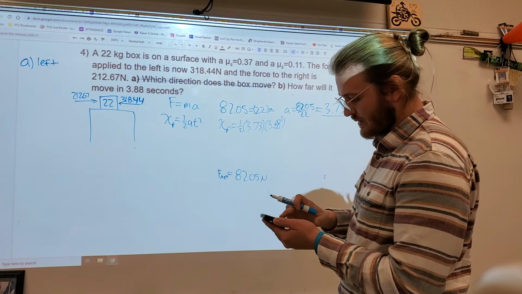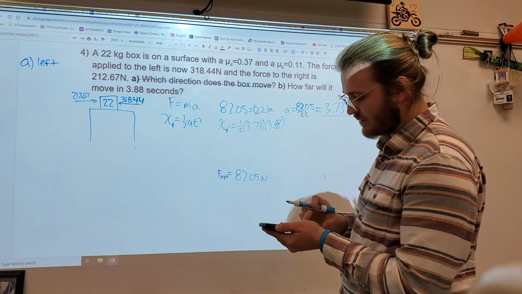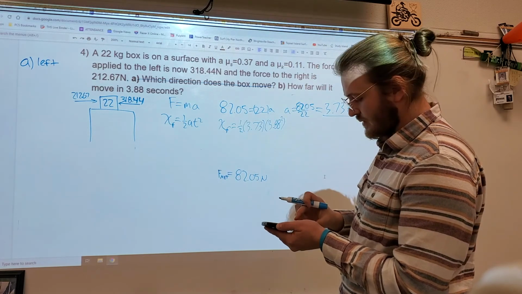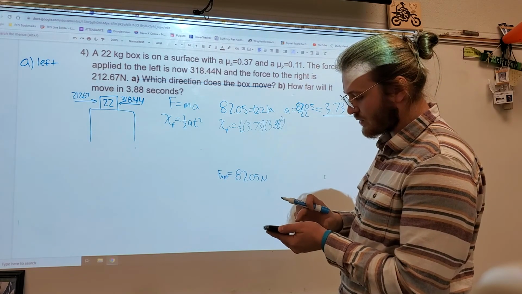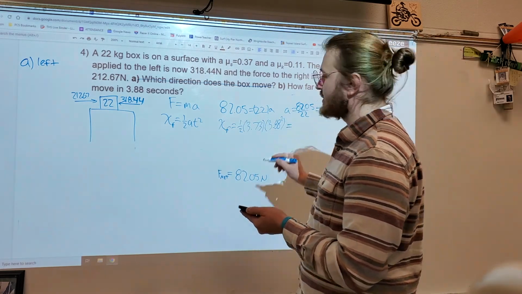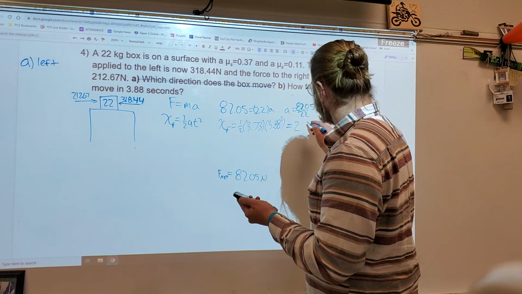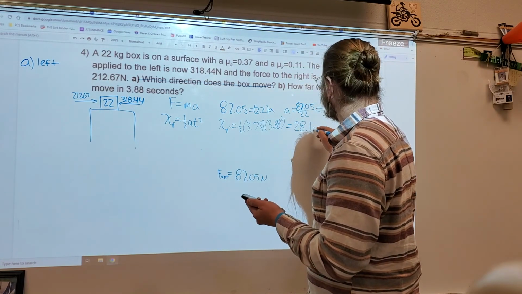And let's just do that. 3.73 times 0.5 times 3.88 squared. That leaves us with a total distance for that box traveled in that time, 28.1 meters.